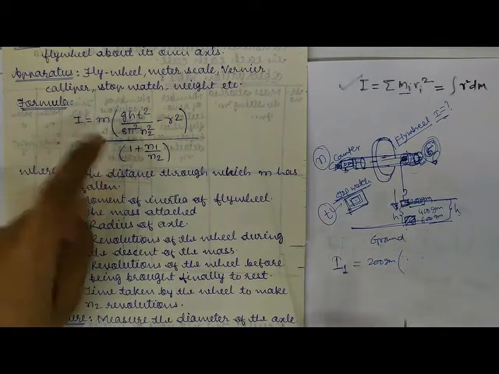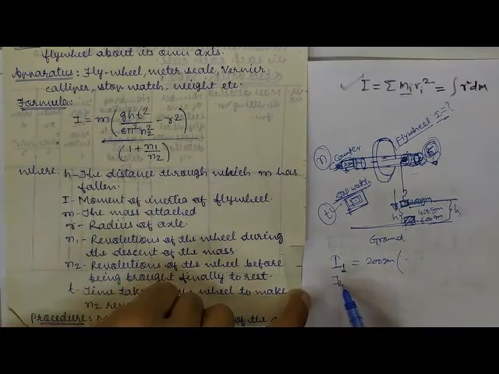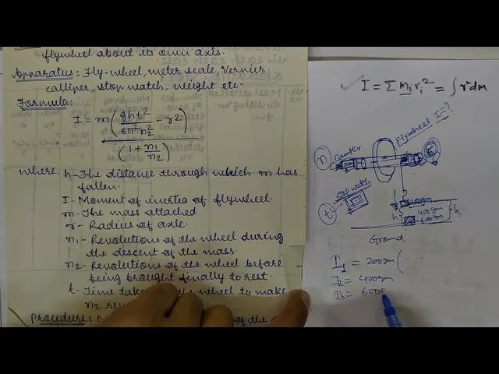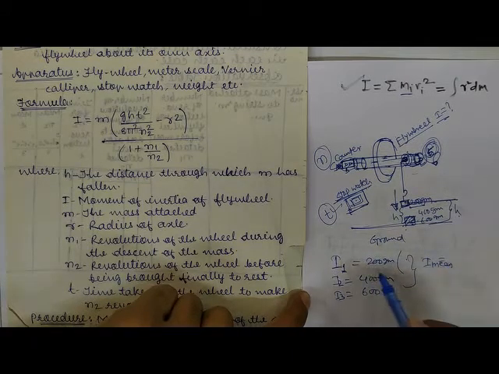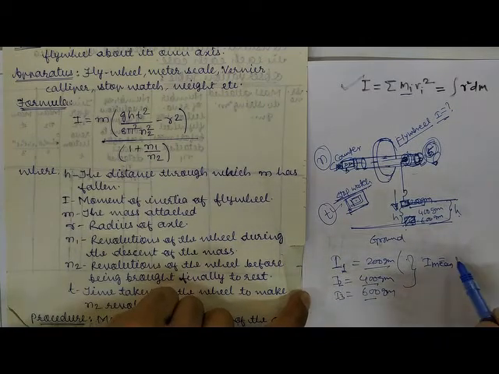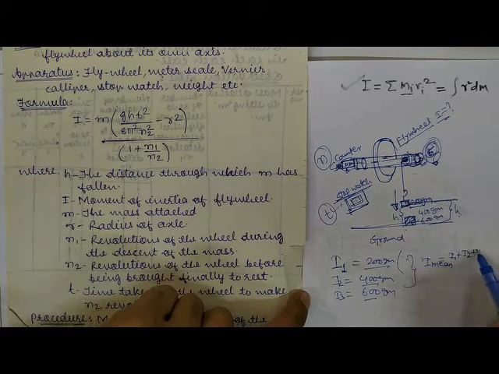So let us find I1, I2 corresponding to 400 gram, and I3 corresponding to 600 gram, and finally we will take the mean of these 3. Now you can take the mean because we have calculated them separately by substituting separate masses. Therefore it is simply I1 plus I2 plus I3 divided by 3, and this will be the moment of inertia.